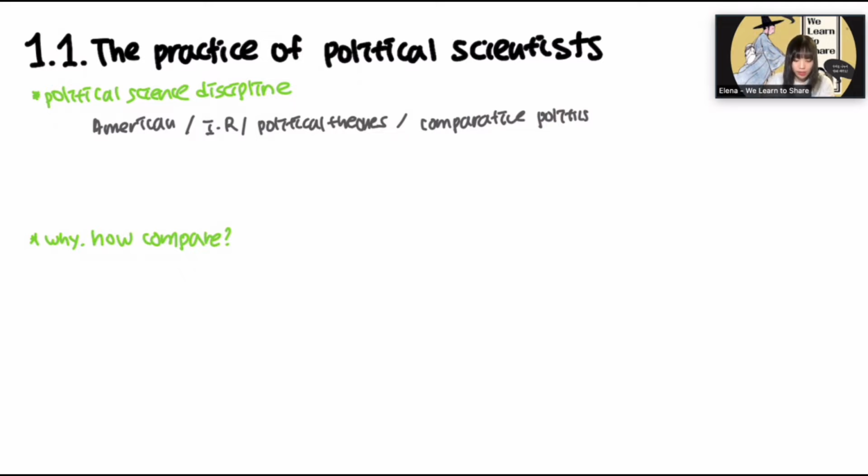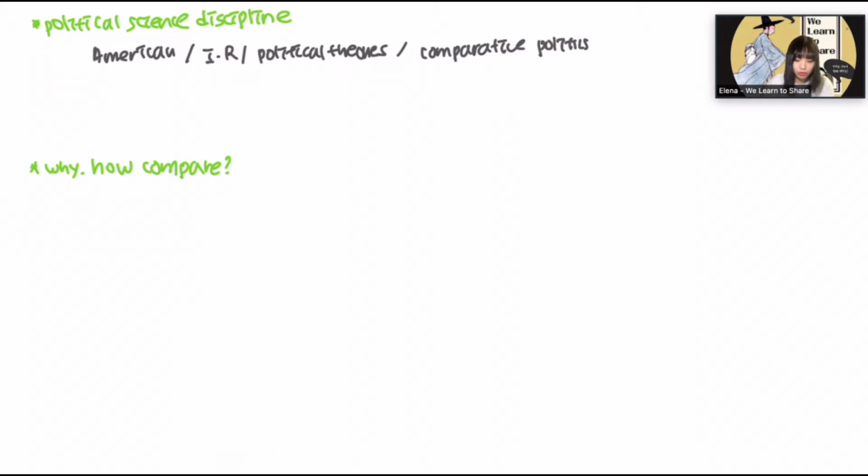And when it comes to the next bullet point, why and how to compare. First of all, we're going to compare mainly 6 countries, which are UK, Iran, Russia, China, Nigeria, and Mexico. So these are the 6 key countries we're going to cover, and we're going to compare among these countries when it comes to AP Comparative Politics.